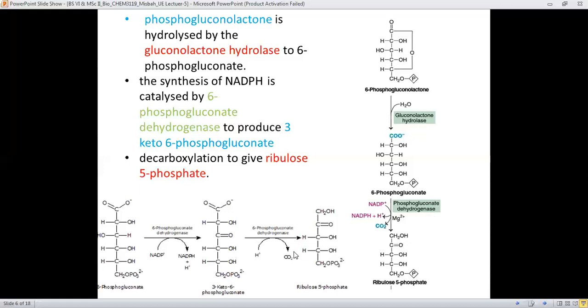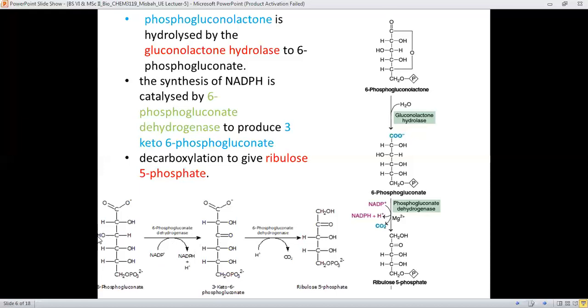Therefore, I have attached another pathway in which this intervening compound, or the intermediate, is shown over here. By the action of NADP, which is reduced to NADPH and H, this carbon is reduced, and this carbon is dehydrogenated from here.